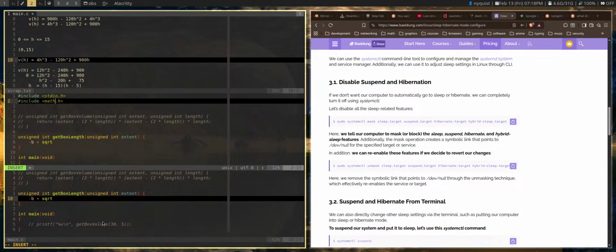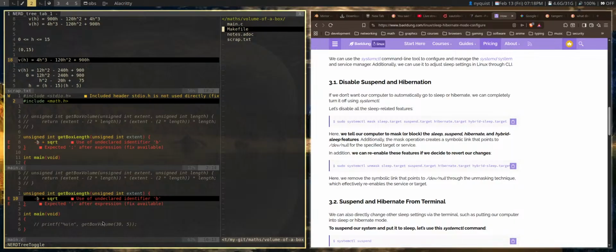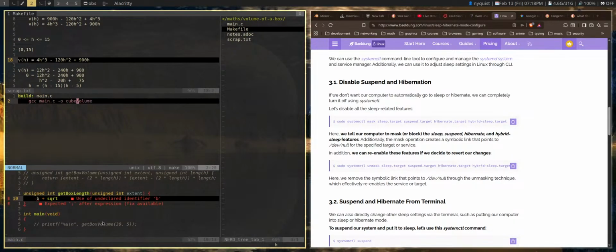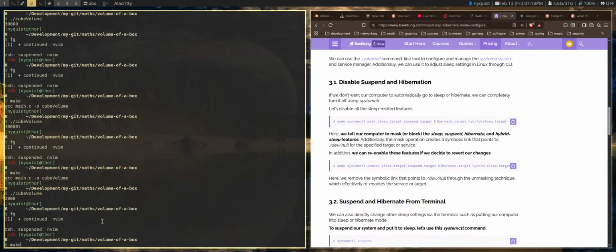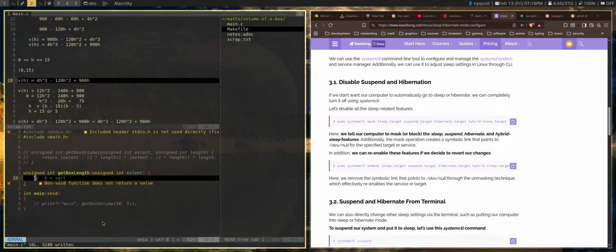Include math.h, and then we're going to have to include that in our makefile. I think it's just -lm. I think that's literally all it is. Let's just see if this builds. Didn't complain.